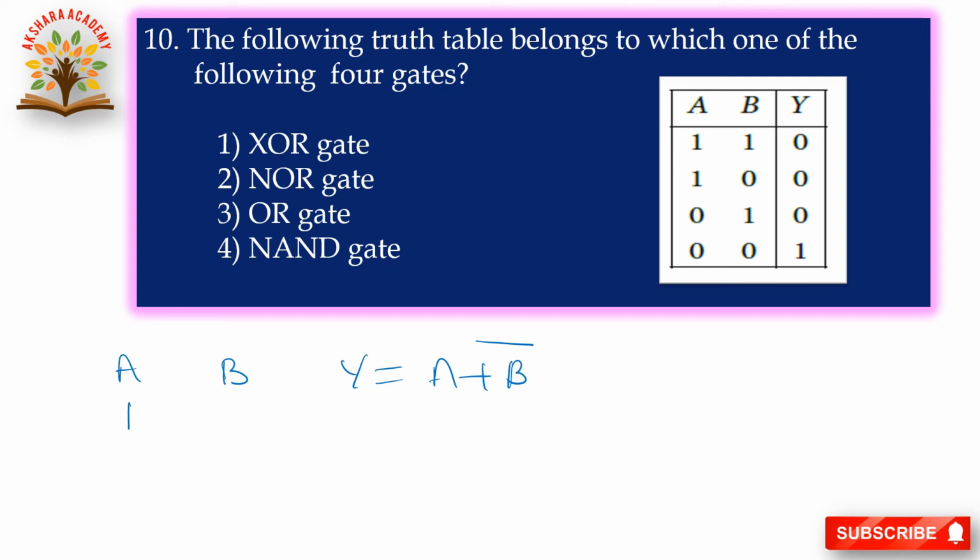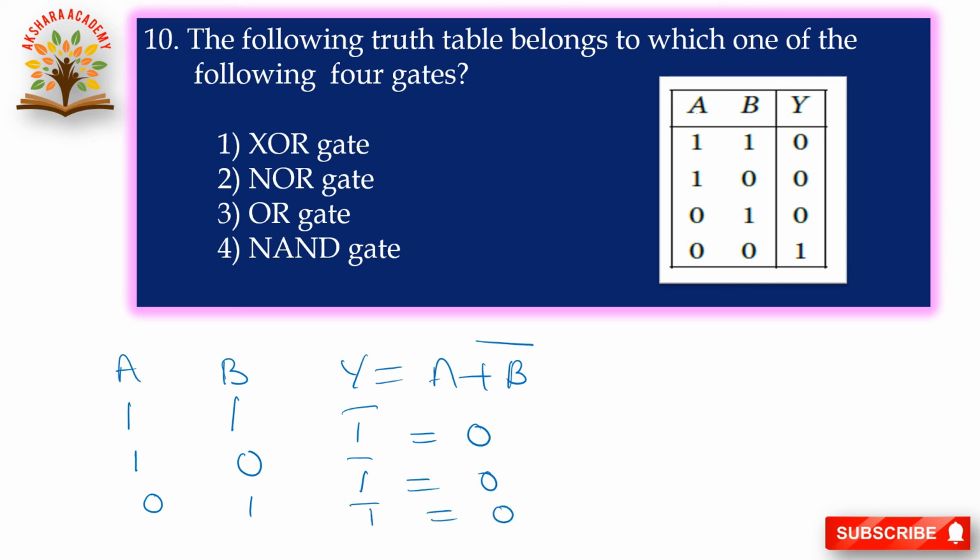Suppose A is equal to 1, B is equal to 1, then Y is equal to 1 bar, which is 0. And A is equal to 1, B is equal to 0, this output Y is 0. Suppose A is equal to 0, B is equal to 1, this is also 0.